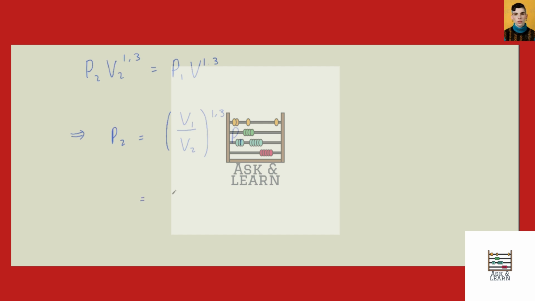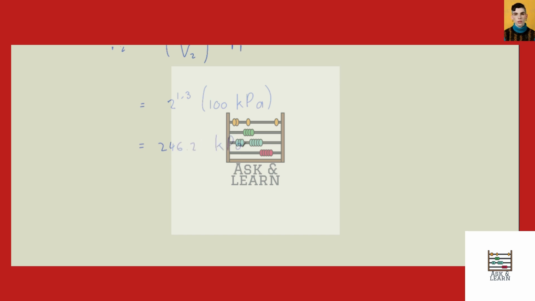So for a volume that is halved, V1 over V2 is 2. So the initial volume is twice the final volume, and this is to the power 1.3 times the initial pressure, which is that of 1 atmosphere, 100 kilopascals. We get the final pressure P2 to be 246.2 kilopascals.